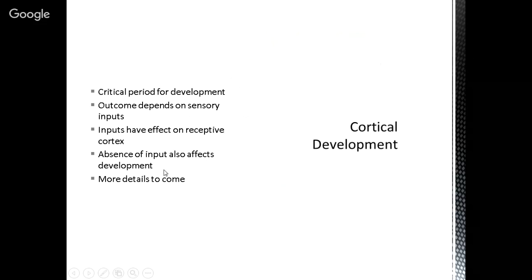So absence of input also affects development, which is interesting from a developmental biology point of view, as well as neurological development. There's still ongoing work on this. We don't know everything. Another example is language and how we develop that.